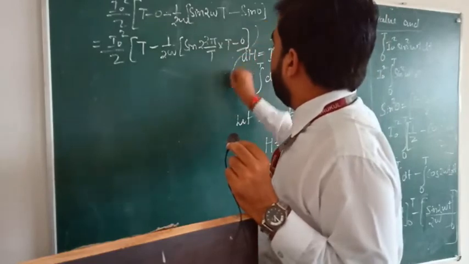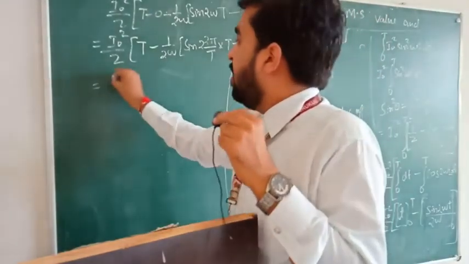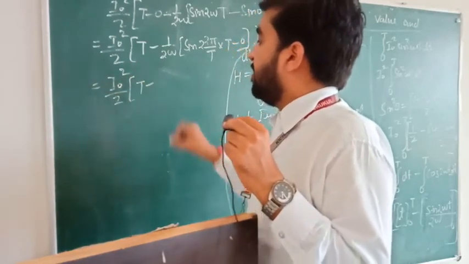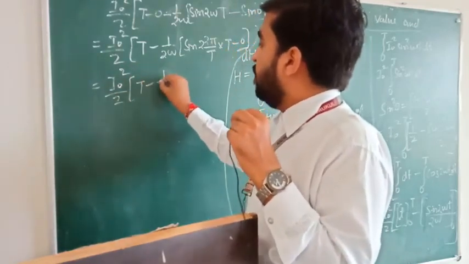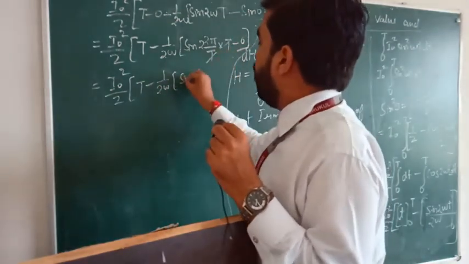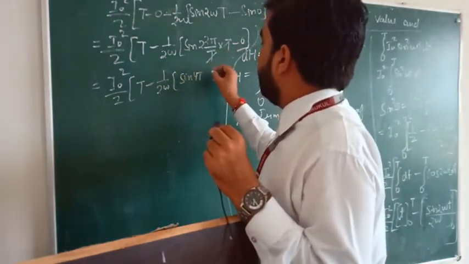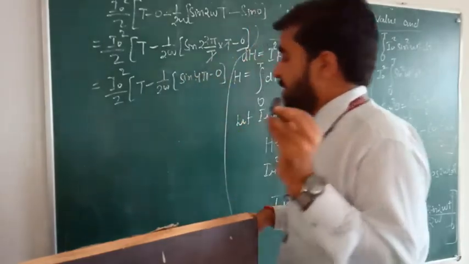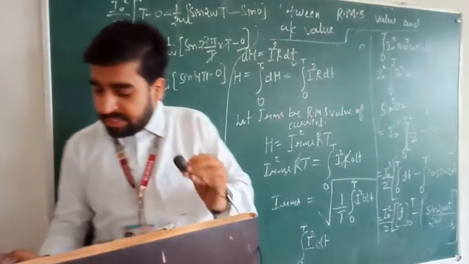So this will turn out to be I naught square upon 2, T minus 1 upon 2 omega sine. T and T cancel out, sine 4 pi minus 0. Now what is the value of sine 4 pi?